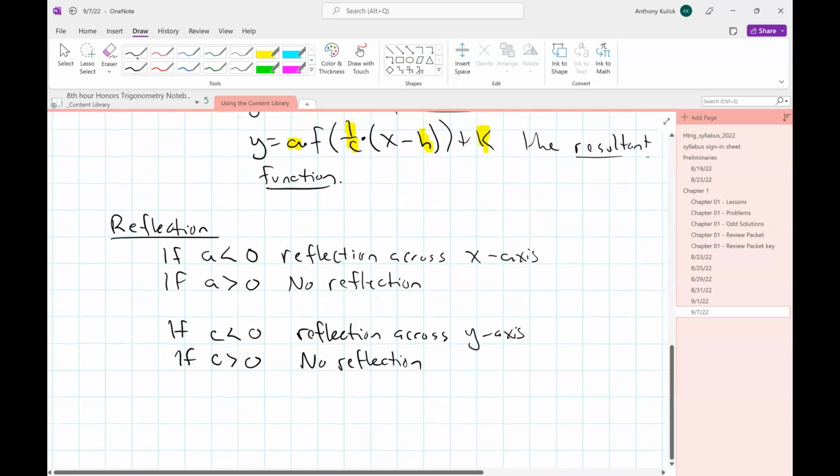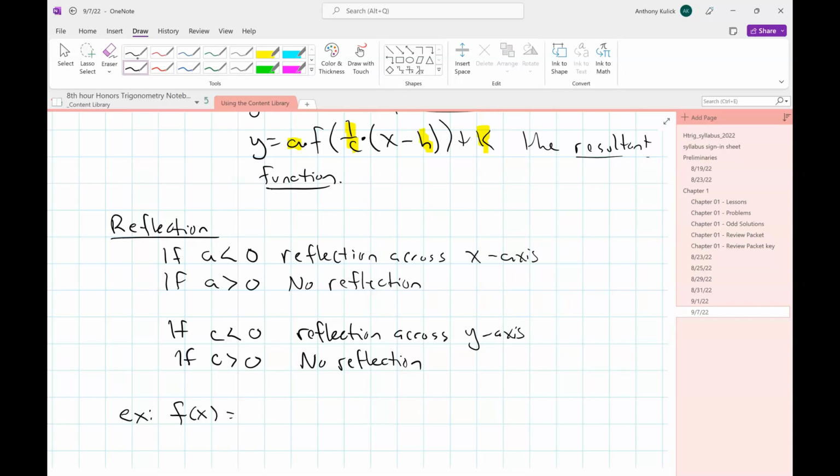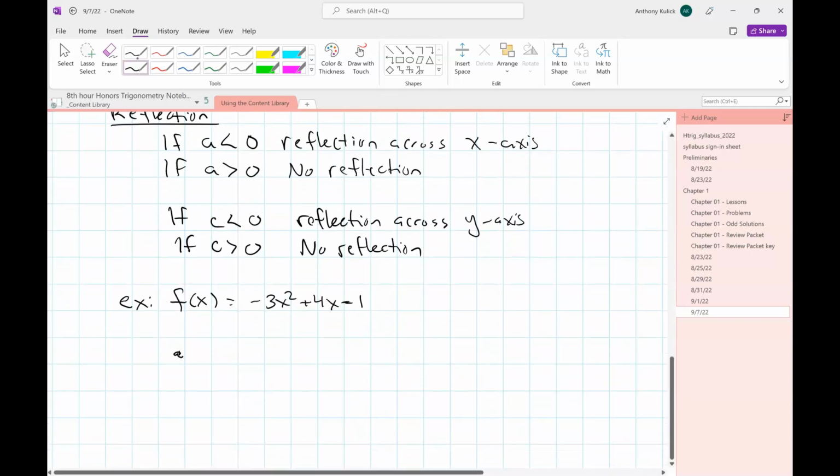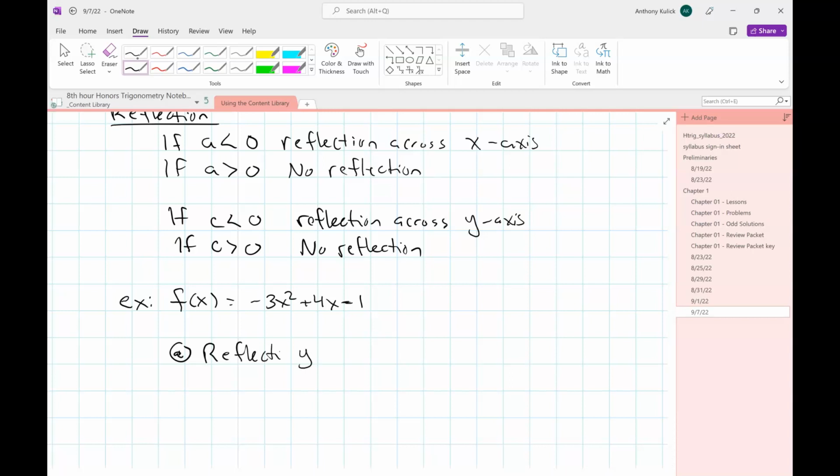Let's look at a little example. So let's say our parent function is negative 3x squared plus 4x minus 1, and we want to reflect across the y-axis.